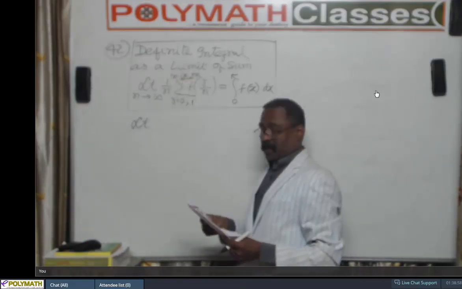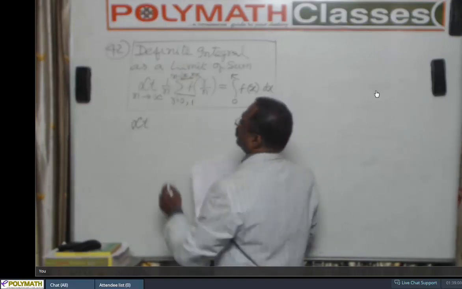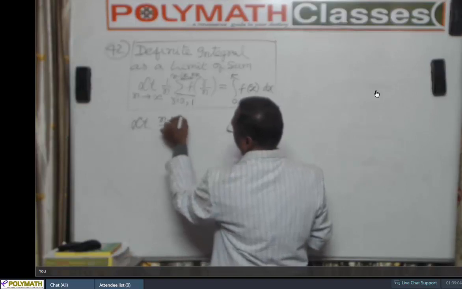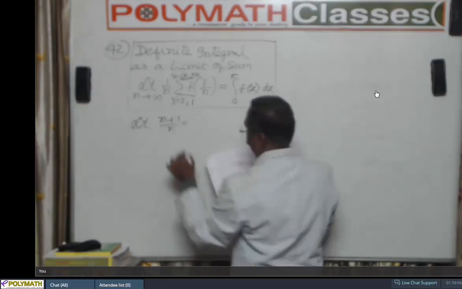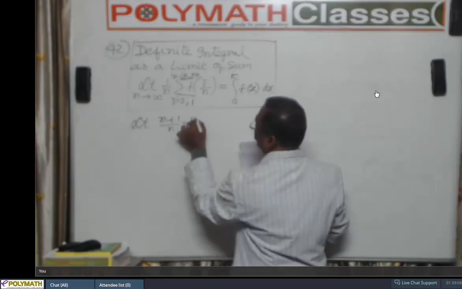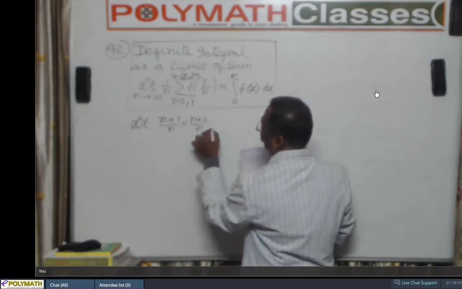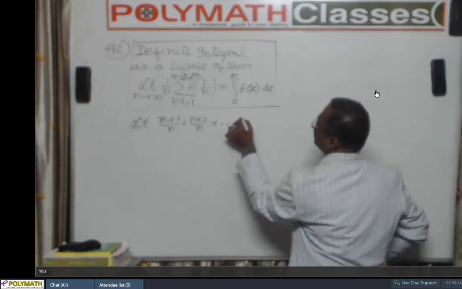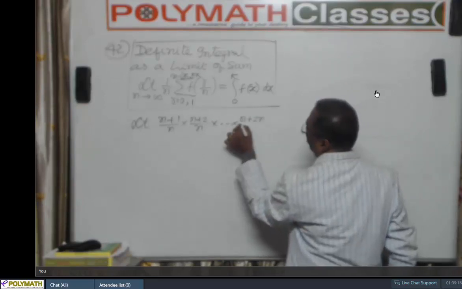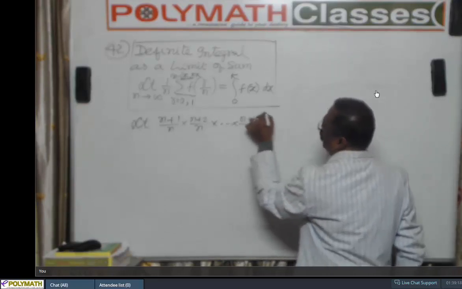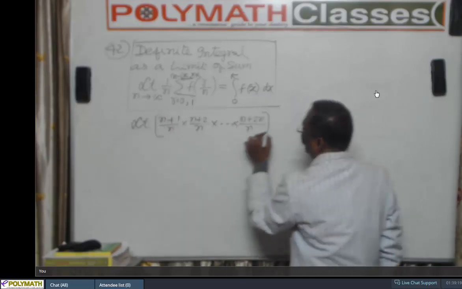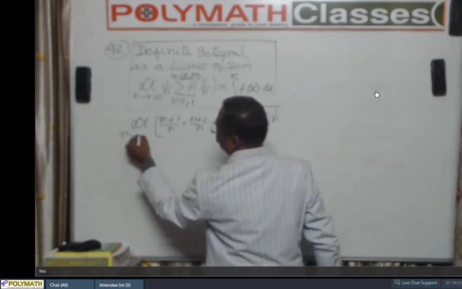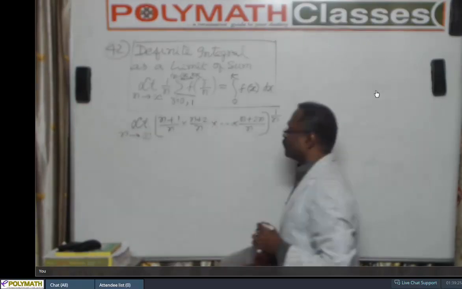Limit of (n plus 1 by n) into (n plus 2 by n) into so on into (n plus 2n by n), whole power 1 by n, as n tends to infinity.